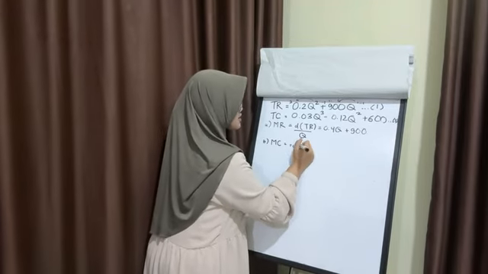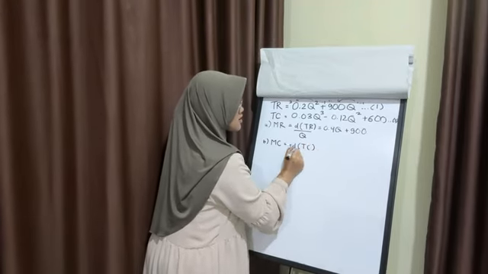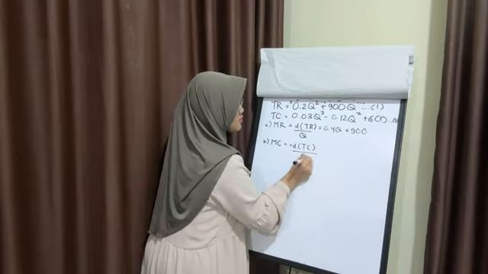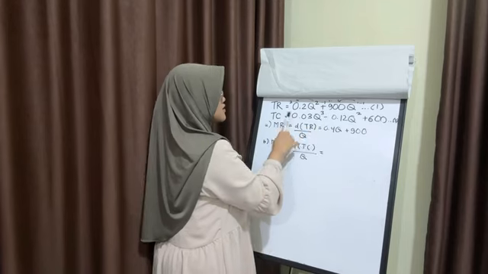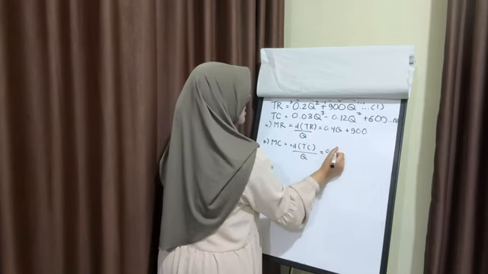And for the TC, you just have to write the derivative of TC with respect to Q. So 3 times 0.03 means 0.9.